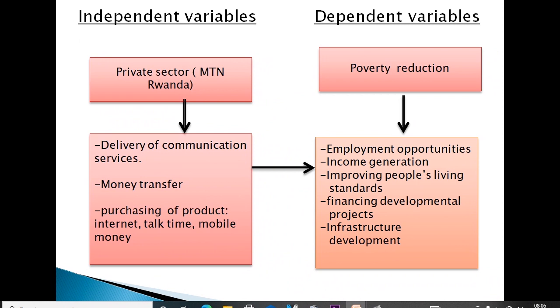So MTN, through those sub-variables, can influence poverty reduction by offering employment opportunities, generating income for people, improving people's living standards, financing developmental projects, and infrastructure development. If you can see this chart, this can be an illustrative example of the conceptual framework.